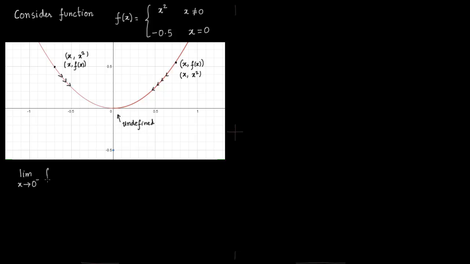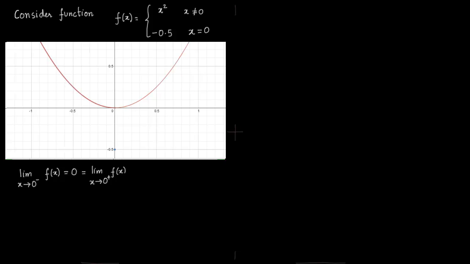So first you see, if you approach from the negative side, the limit is 0. If you approach from the positive side, that is from values higher than 0, you still get f(x) as 0. So let us see this more graphically.